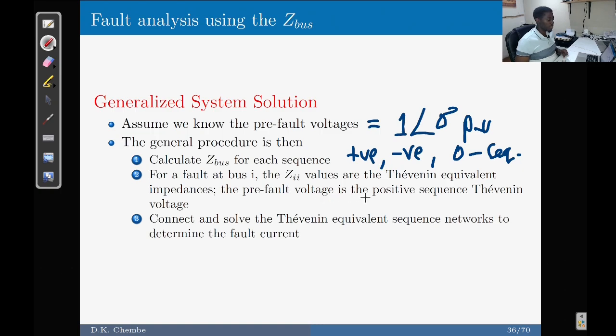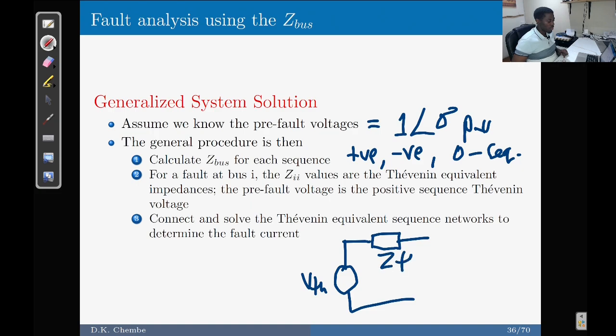The pre-fault voltage is the positive sequence Thevenin voltage. So you remember in the Thevenin analysis, we ended up with a V Thevenin with an impedance that is in series to a circuit.